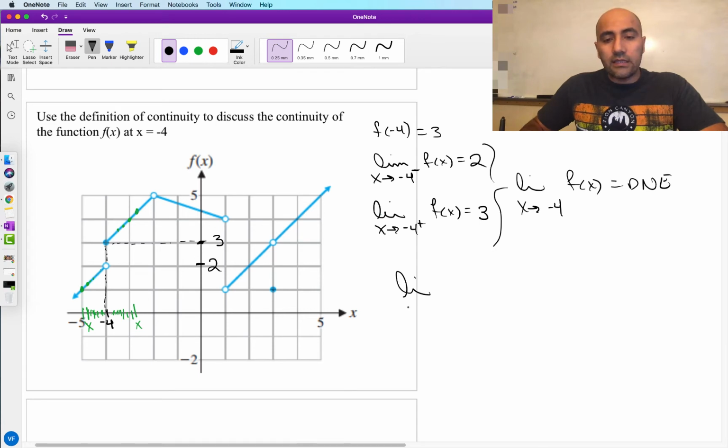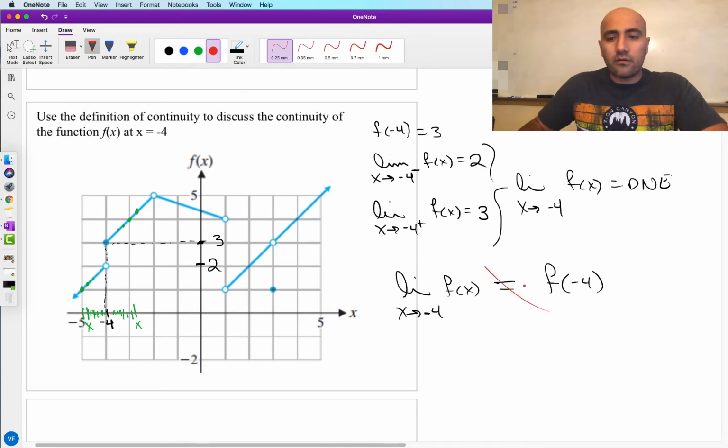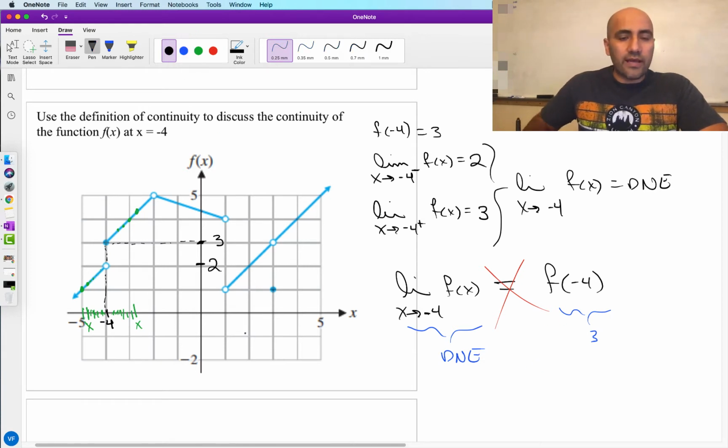So we can also write the limit as x approaches -4, the unrestricted limit of f of x, compared to the value of f of -4, right? They don't equal each other. This side is going to be equal to 3, and this side does not exist. Okay, so we can conclude that f of x is discontinuous at x equals -4.